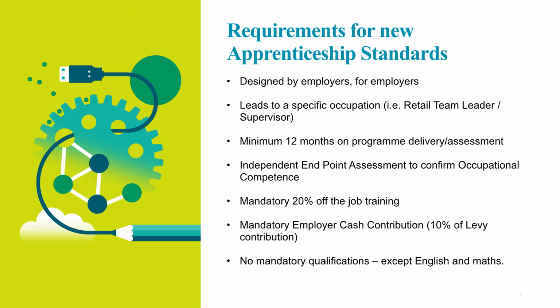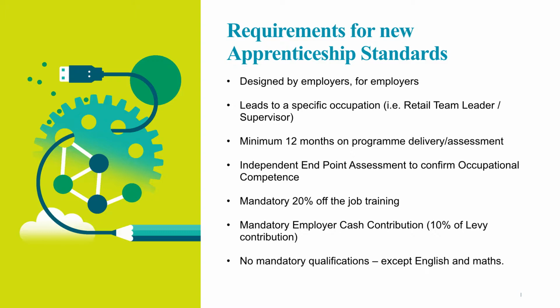months in length. One of the new requirements was that they wanted somebody independently from the employer and the training provider to confirm occupational competence of that apprentice. And by this, they decided to create something called an endpoint assessment, and we'll go into that in more detail shortly.